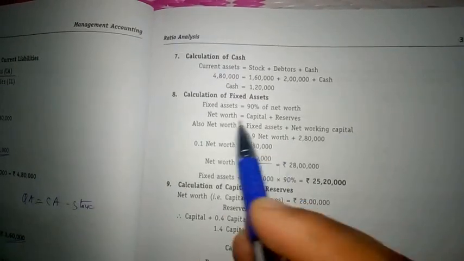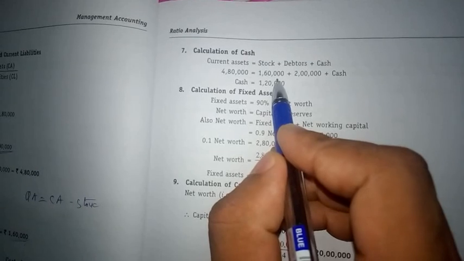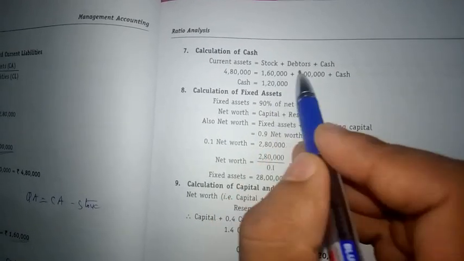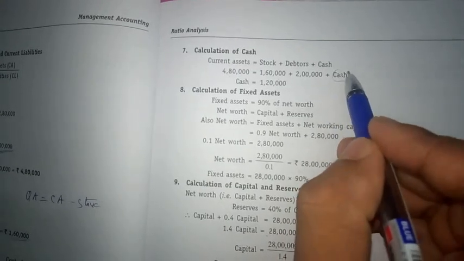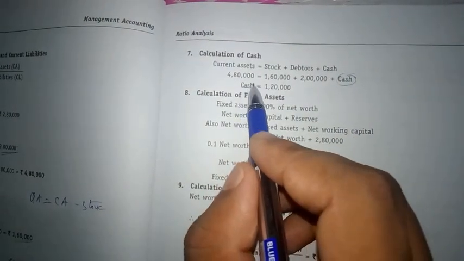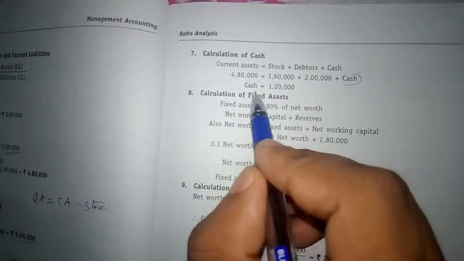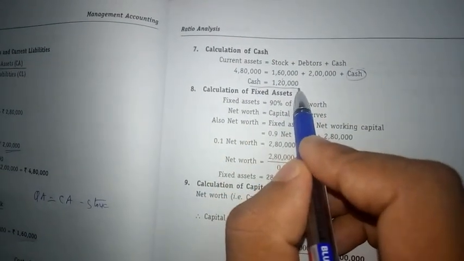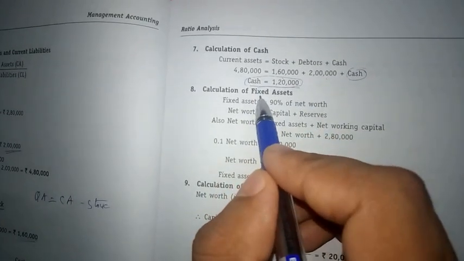So here current asset is equal to 4,80,000. Stock, we have calculated that 1,60,000, and debtor is 2 lakh rupees, and the difference will be the cash balance. So if you deduct 1,60,000 and 2 lakh from 4,80,000, you will be left with 1,20,000 rupees. It will be considered as cash balance.